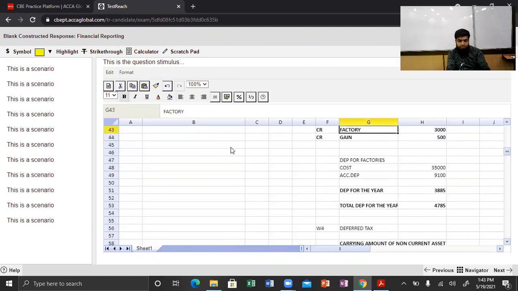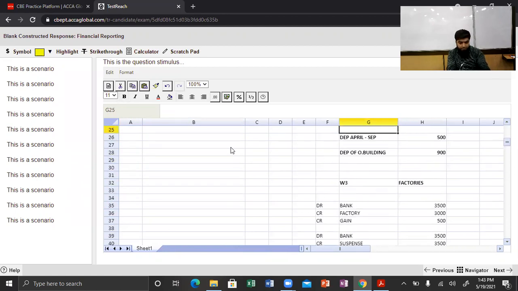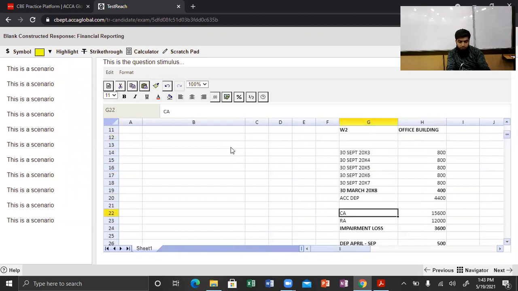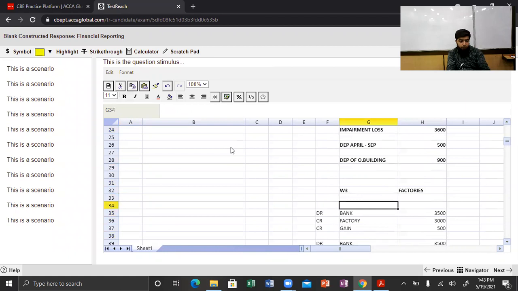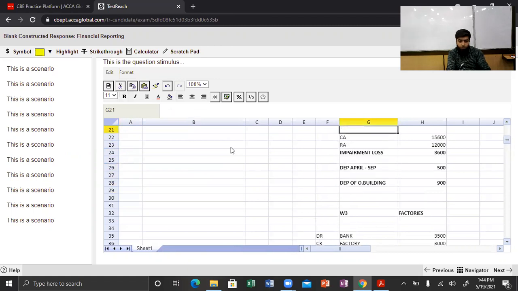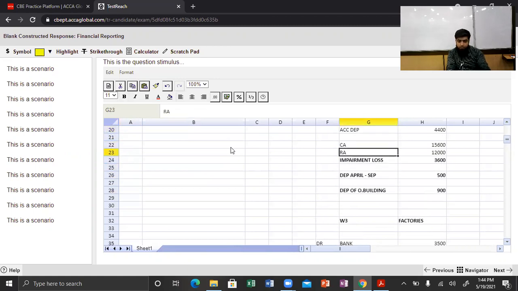Carrying amount of non-current assets. First of all, let's have a look at the office building. What is the carrying amount of the office building? Remember, we have recorded an impairment loss, and the recoverable amount of the office building was 12,000. After that we have calculated the depreciation of 500 for 6 months.